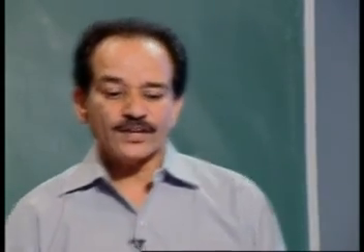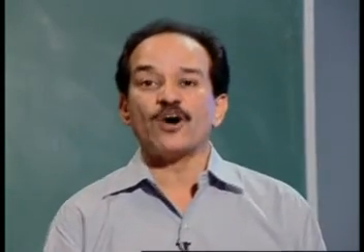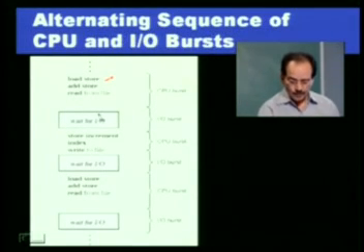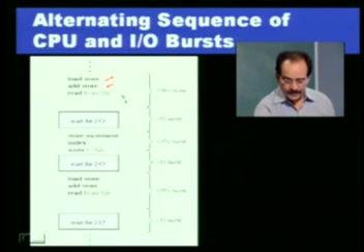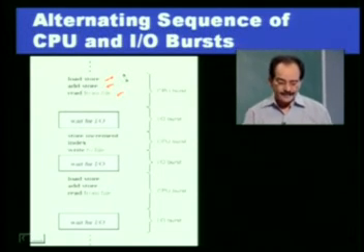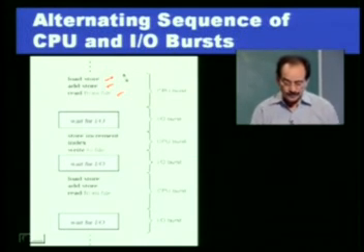Now, if I look at the execution of a job, initially I may be loading, storing, or processing. Let us say we are loading, we are adding, we are reading from a file. The moment we read from the file, my IO burst will start.